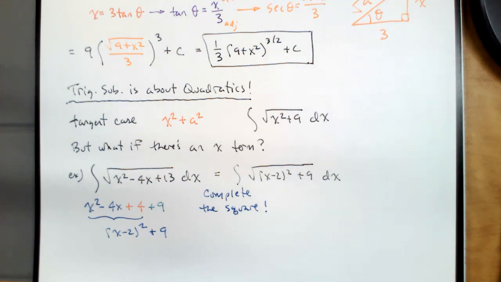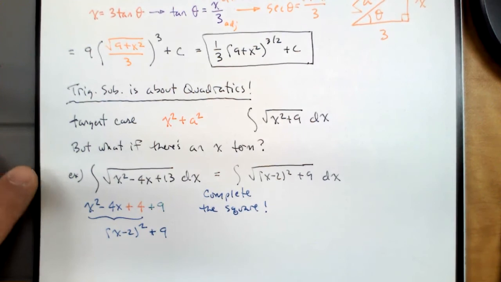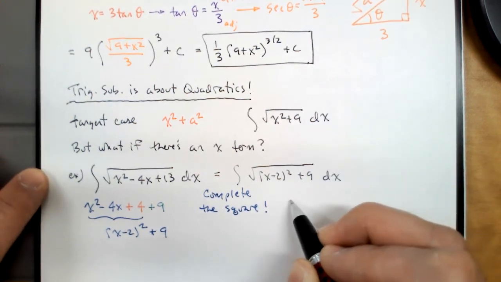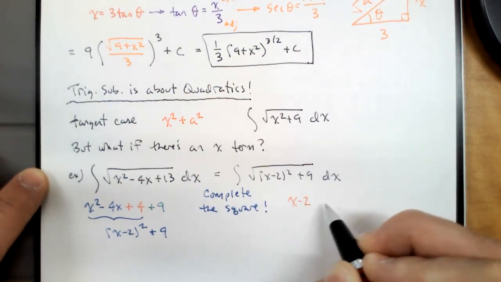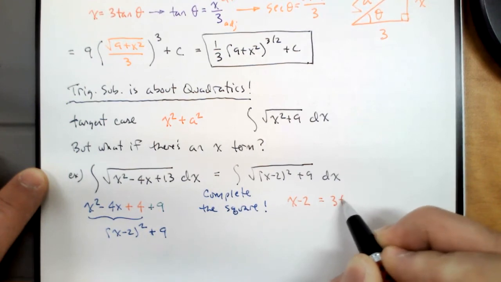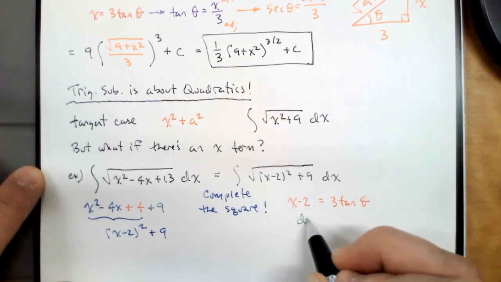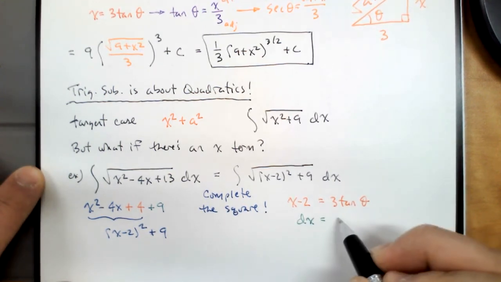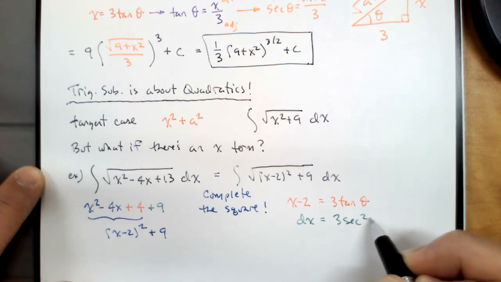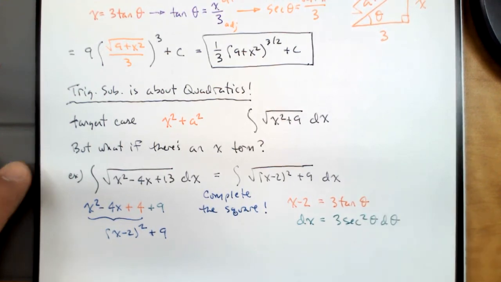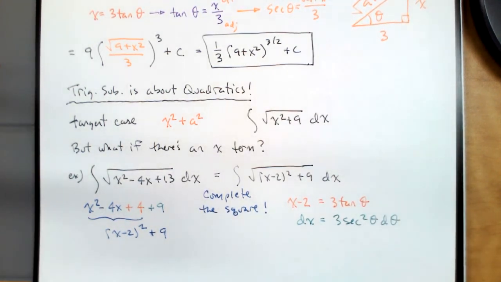But instead of saying x equals 3 times the tangent of theta, I'm going to take x minus 2 and say that equals 3 times the tangent of theta. dx is still 3 secant squared theta d theta, because the derivative of the 2 is 0.